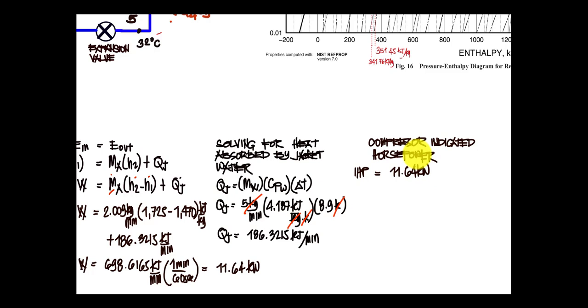This is in kilowatt, then divided by the conversion of the horsepower, which is 0.746 kilowatt per horsepower. Converting that, we have the indicated horsepower equal to 15.6 horsepower.